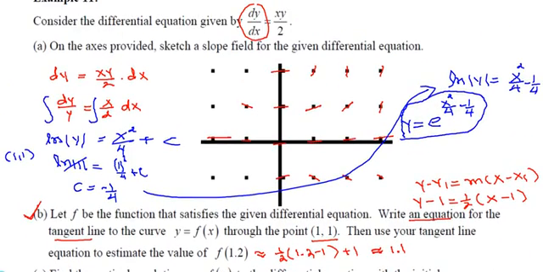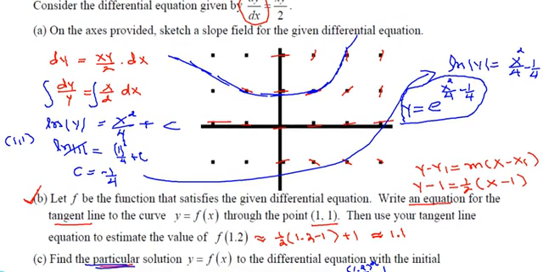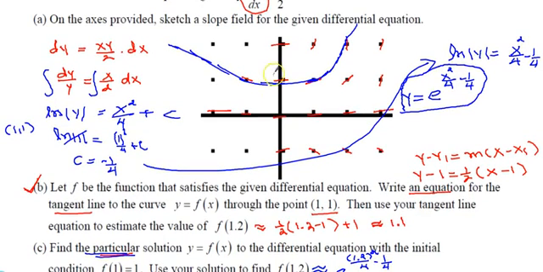So let me show you, if I try to sketch the graph using 1 and 1, if I have to use this point 1 and 1, you can clearly see my solution curve is concave up. And we should know that if the graph is concave up and we draw the tangent line, it is always below.